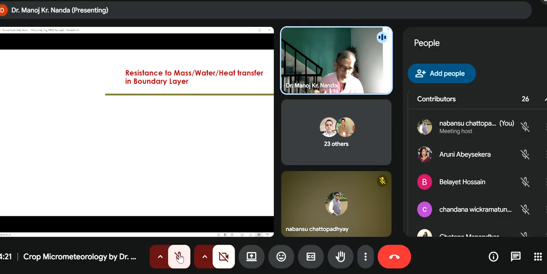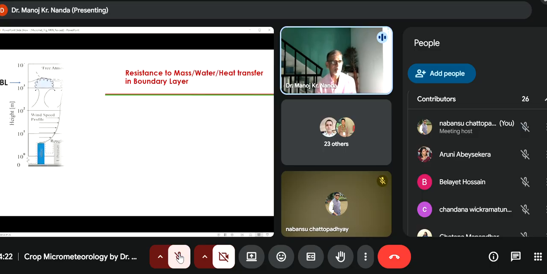In that case, PBL is your source and the surface is your sink. If you think of respiration, the flow is reversed. Otherwise, water is also similar, just evaporation and condensation. Anyway, the flow is from top to bottom or bottom to top, but it has to pass through this PBL. So these PBL characteristics are important, and to know the PBL characteristics, let us understand the PBL a bit more.